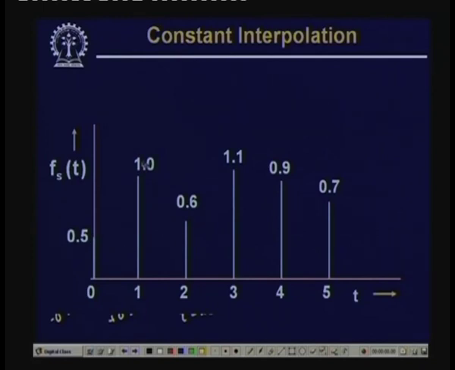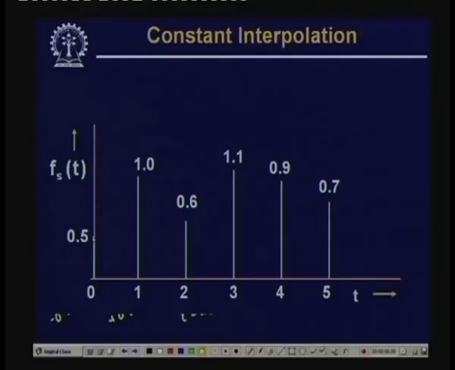After interpolation, using this constant interpolation function after our modified formulation, the value of the interpolated function will be, from t equal to 0 to t equal to 0.5, the value of f t will be equal to f 0. Between 0.5 to 1.5, value of f t will be equal to f 1.